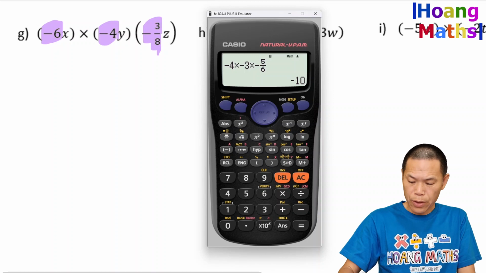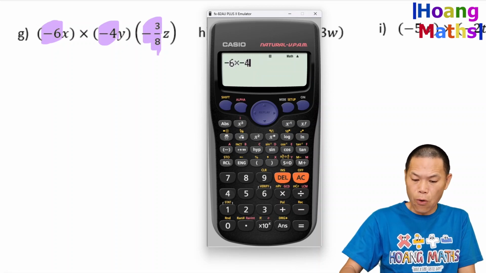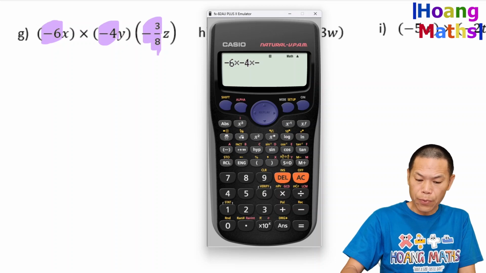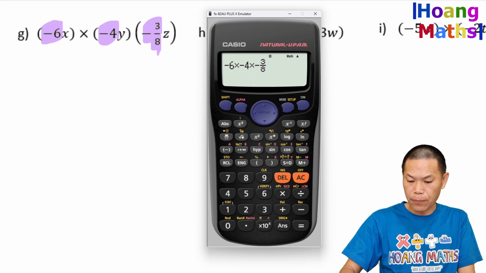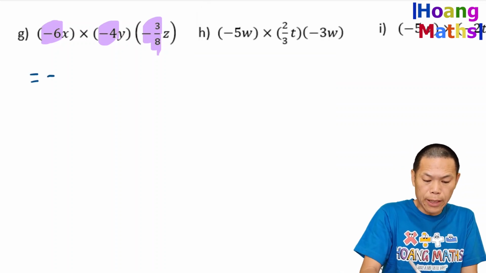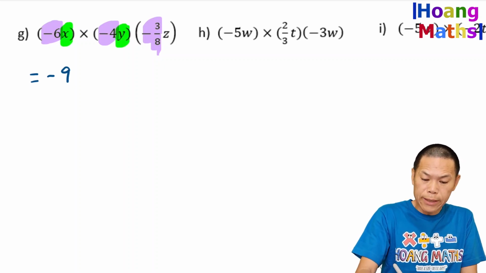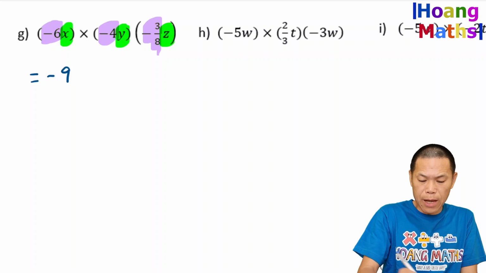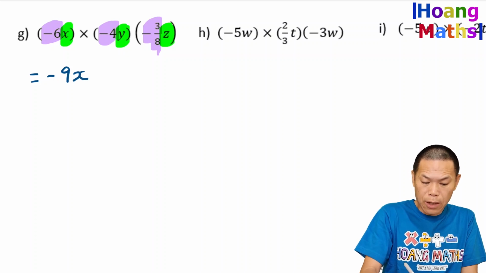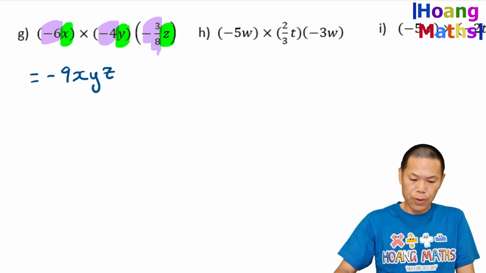Negative 6 times negative 4 times negative 3, divided by 8. See? Negative 9. So the answer is negative 9. And letters X, Y, Z, we'll just write this down, times together, so it becomes XYZ. So there you go.